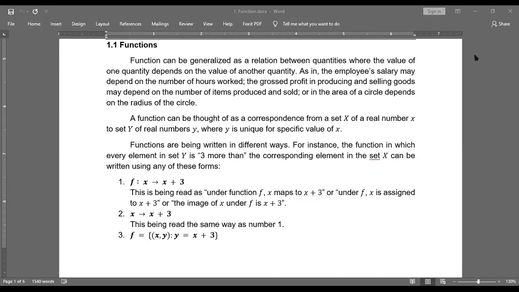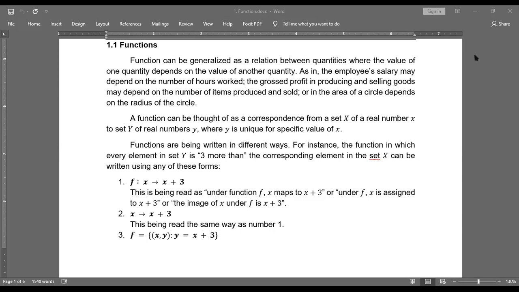Our definition is that for us to consider a relation a function is when there is no repeating x value or x coordinate, or there's no repeating elements in the first set.